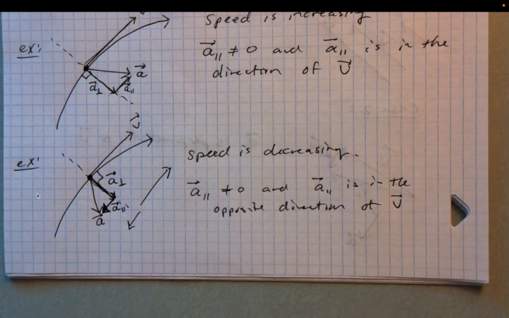And so what's happening here? Well, my speed is decreasing. I'm on the freeway, I'm going around a corner, and I'm applying the brake subtly, right? So my car is slowing down and changing direction. So I'm accelerating in such a way that the magnitude of my velocity is decreasing.